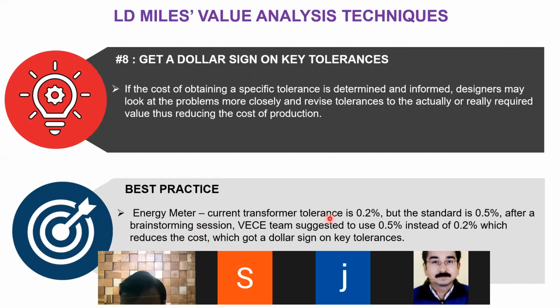Okay, because it is already standardized across all other companies as well. Moving from 0.2 to 0.5 will not increase the cost; if you use the standardized tolerance, your cost will get reduced. So you can look at tolerance even when selecting the supplier, the process machines, or raw materials. You can look for standardization where you can reduce the cost.